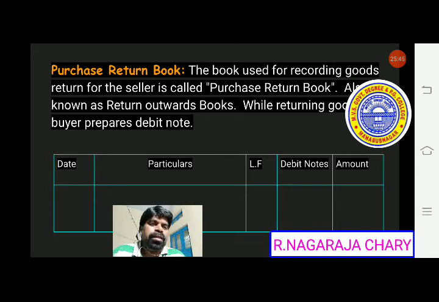After purchasing, due to some reasons, the material may be returned to the supplier. The reason may be a difference in rate, quantity, quality, or packing, or it may be damaged. That is why the purchase returns book gives us this information.